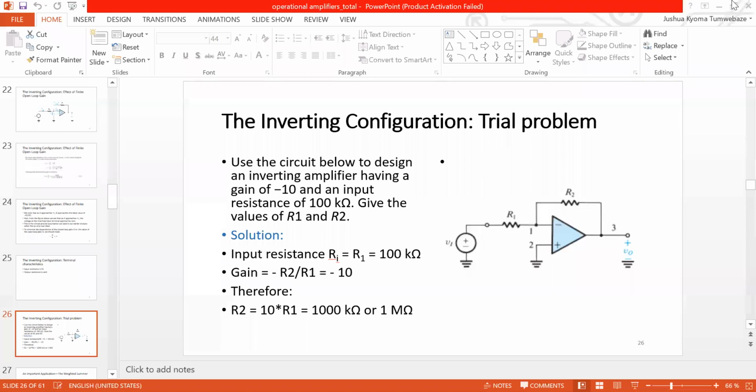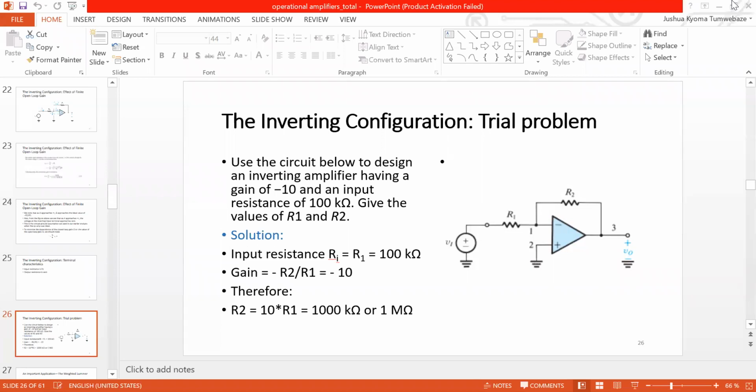Okay. The design problem simply requires you to find values of R1 and R2. Okay, so for this simple circuit, it's simply R1 and R2.